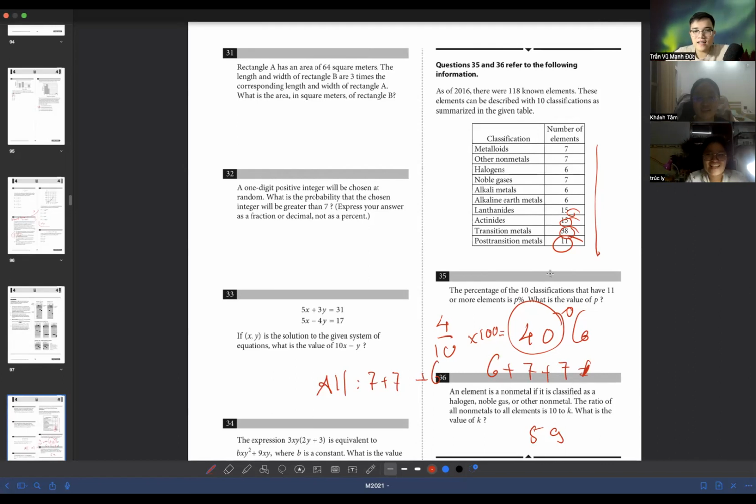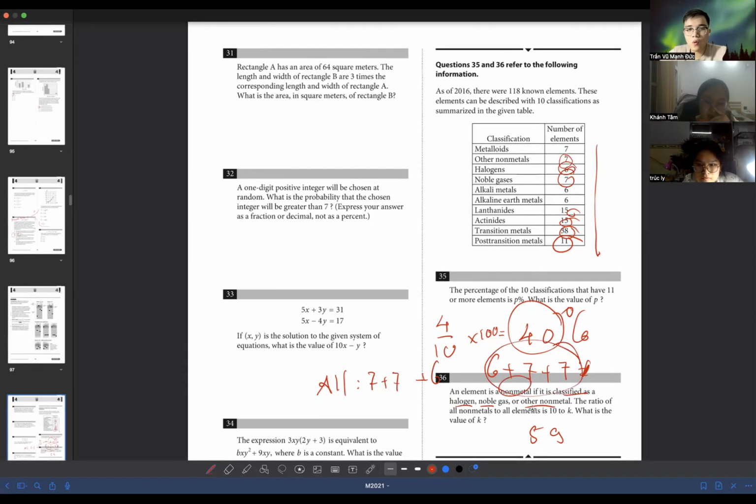So it means that the non-metal is classified as halogen, noble gas, or other non-metal. So there are only 3 categories here. Firstly is halogen. Halogen is 6, noble gas is 7, and other non-metal is 7. So this is what you resulted in.